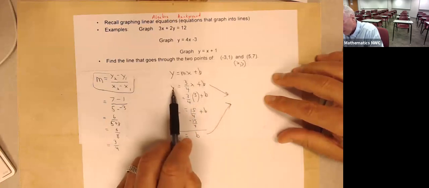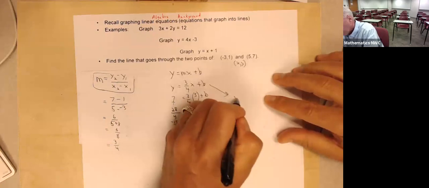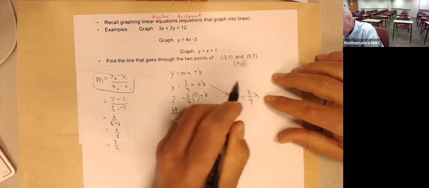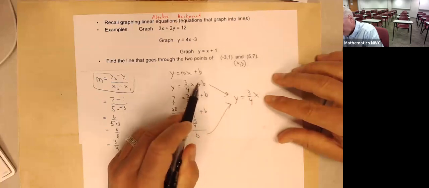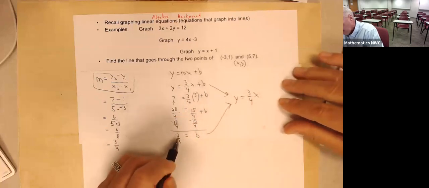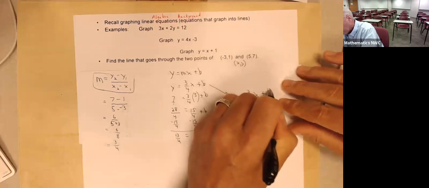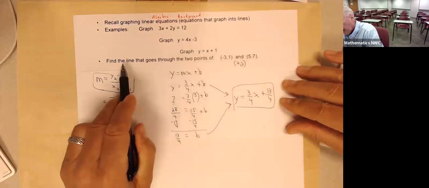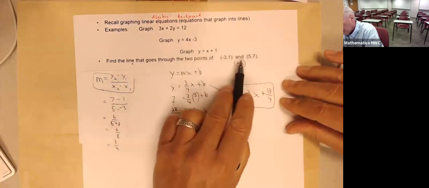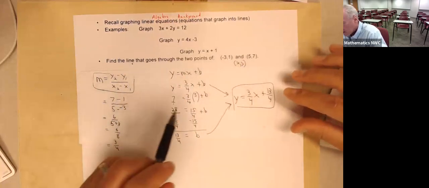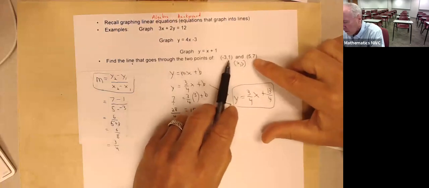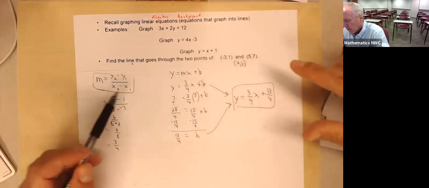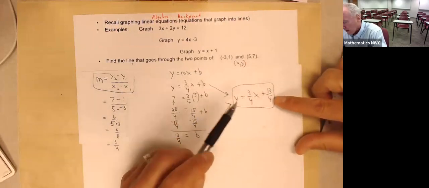So my equation will be y equals 3/4 x, that's from here, but instead of plus b, I'm going to write plus 13/4. Here's the equation of the line that goes through any 2 points. So I should be able to give you any 2 points and expect that you could do these two procedures to come up with that line.